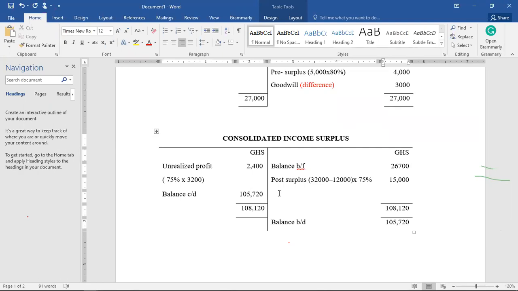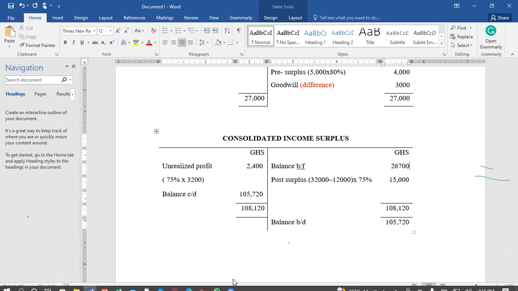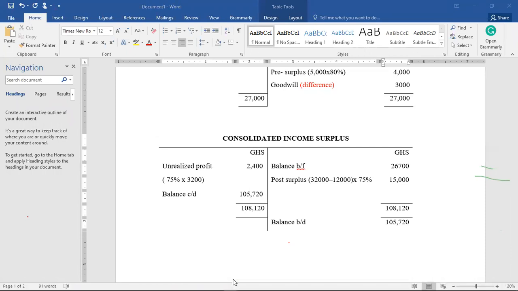Are you all seeing the income surplus account? Yes. In your income surplus account, the balance brought forward for the parent company is 26,700.